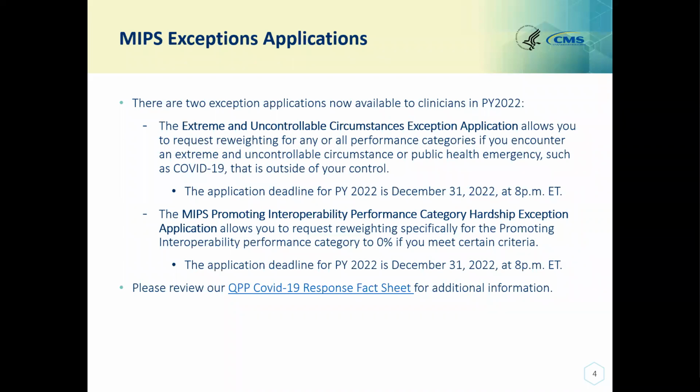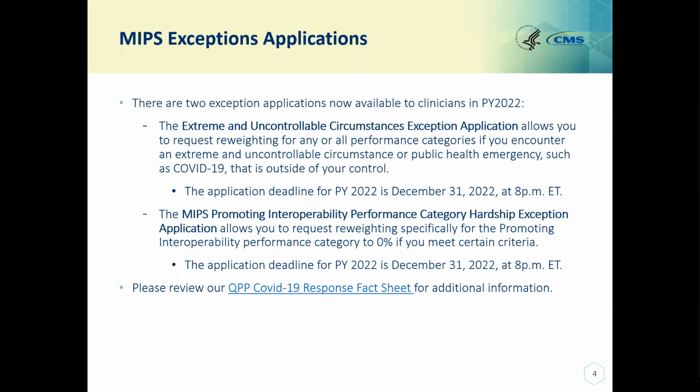Typically this has been natural disasters or something that's happened to you or your practice that's been outside of your control. In recent years, this has also applied to the public health emergency for COVID-19.